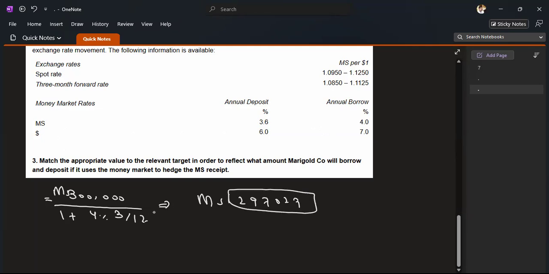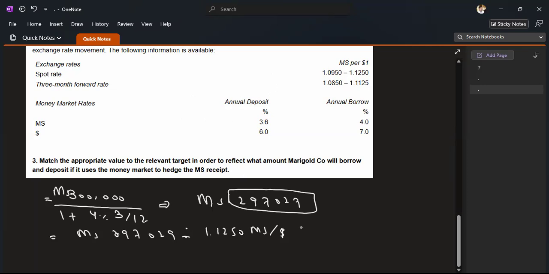Now, the examiner was asking to convert it. So MS 297029 and the rate, you will select 1.1250 MS per dollar.